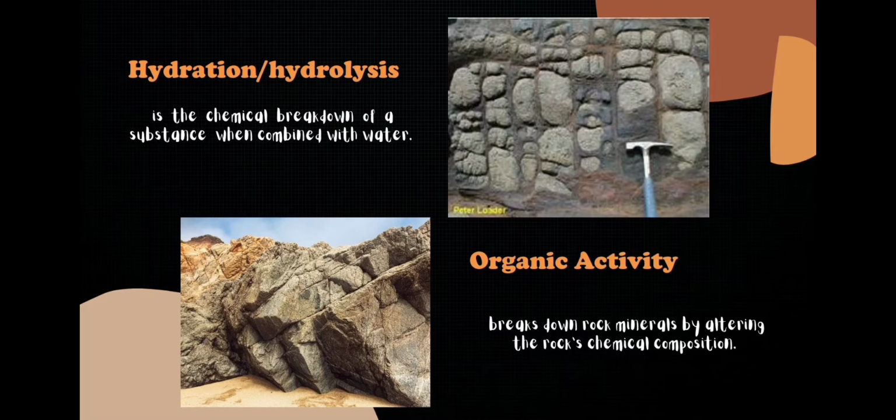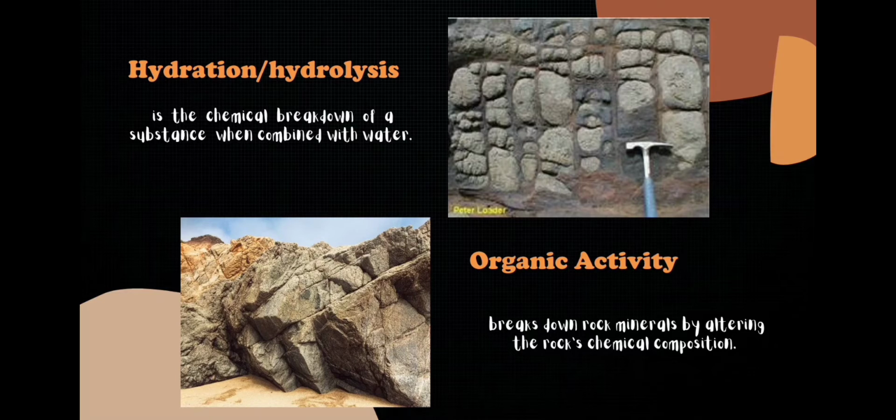It is the chemical breakdown of a substance when combined with water. Hydration is a type of chemical weathering in which the chemical structures of the mineral change as it mixes with water. Hydration will occur as the mineral anhydrite mixes with groundwater.